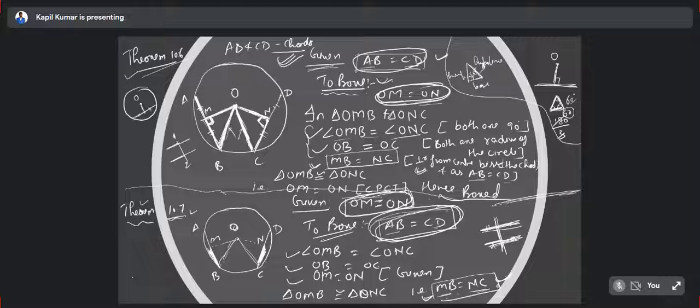What logic can we give? This perpendicular is bisecting the chords, meaning OM is bisecting AB and ON is bisecting CD. Bisecting means dividing in two equal parts. So if we have two lines and we are bisecting them, and this half part is equal to this half part, then if the half distance is equal, the full distance will also be equal.